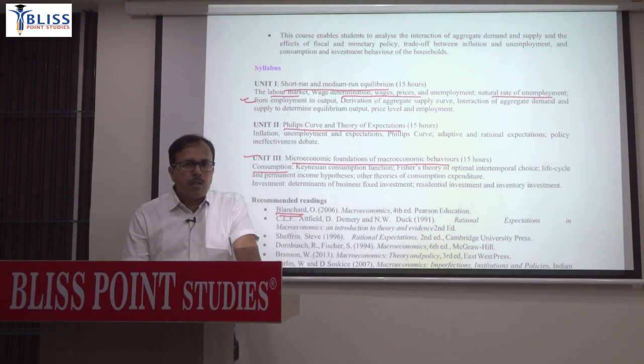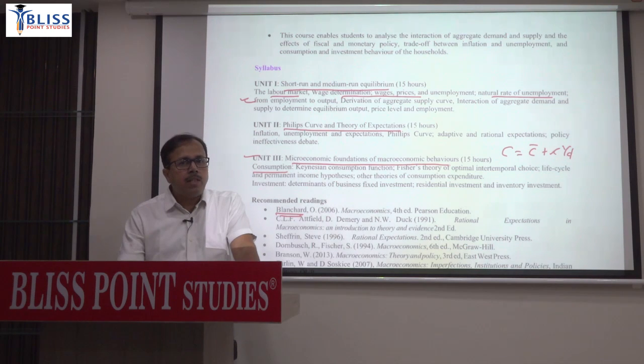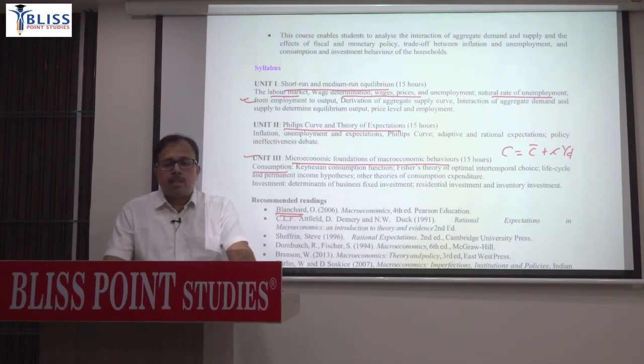Consumption will have various concepts. So far in semester 2 we have said that consumption is a function of income, and there we wrote the consumption equation: autonomous consumption plus small c into disposable income, and disposable income is income minus taxes. But remember, taxes are always imposed on your current income.